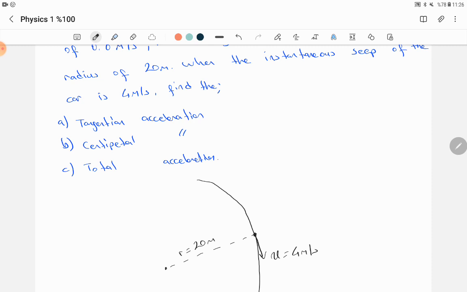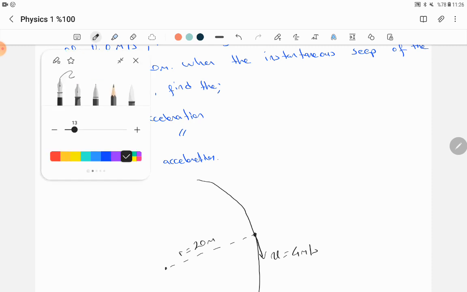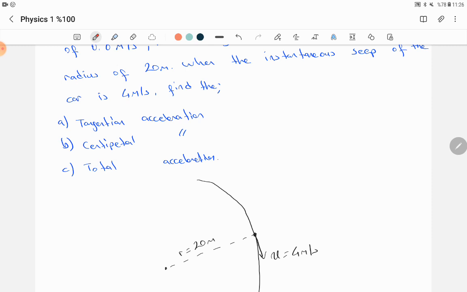There are two accelerations in this movement.